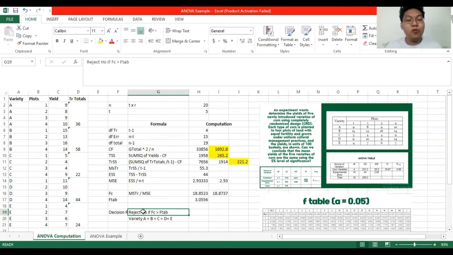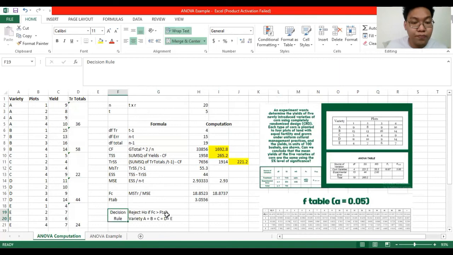Thus, we need to have this decision rule in order for us to see if there is a significant difference, if they are the same or if they are not the same. So here, we can clearly see that our FC, which is 18.85, is so much greater than our F tabulated, which is 3.0556.